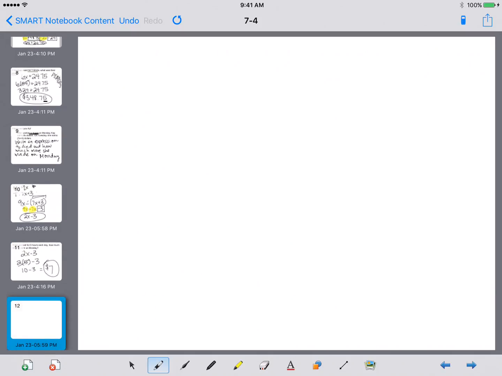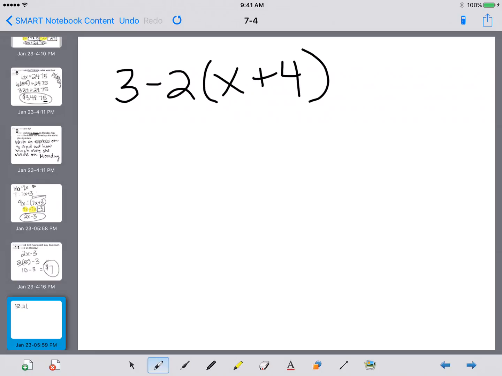Some other things I want you to remember that you don't have a slide for, but there's room in your packet to do, is distribution. So if I had 3 minus 2 parentheses x plus 4 parentheses, we take this term that's in front of the parentheses and the entire term, the entire term includes the symbol that is in front, and distribute it to everything inside, which means our 3 stays.